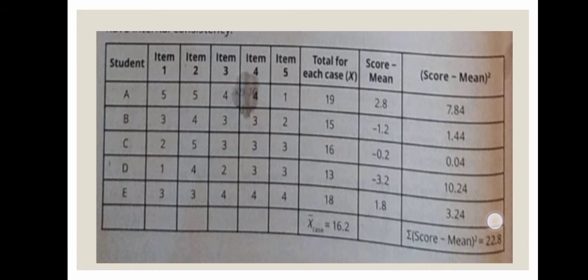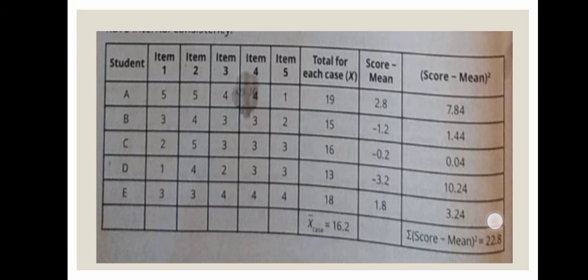The total for each case, X. So, for items 1, 2, 3, 4 and 5, the total of A is 19. Then the total of student B for items 1 to 5 is 15.